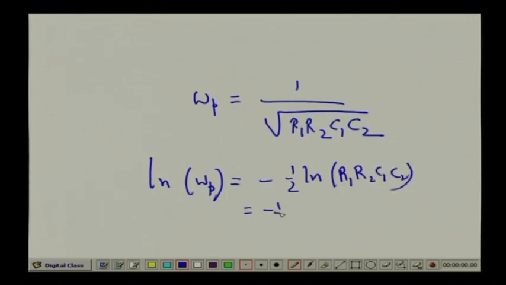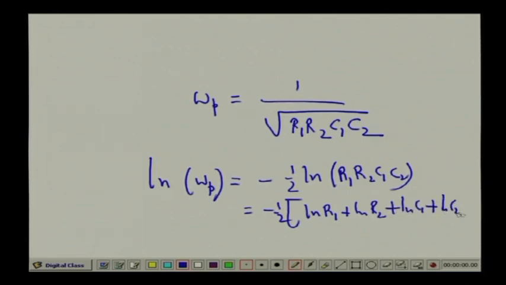So this will be minus half, obviously, natural log R 1 plus natural log R 2 plus natural log C 1 plus natural log C 2. Since it is a partial derivative, once you vary R 1, all other things are constant.